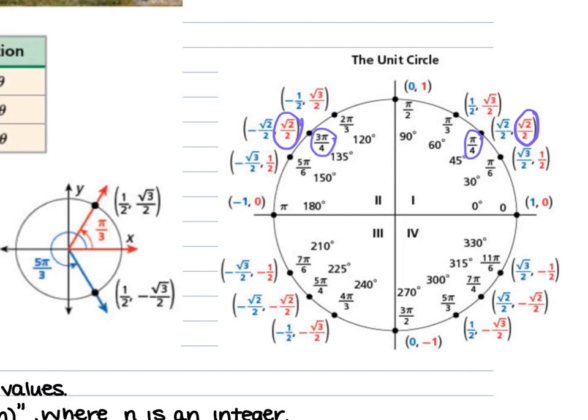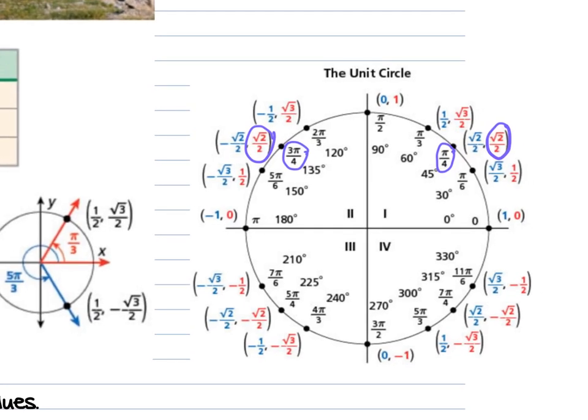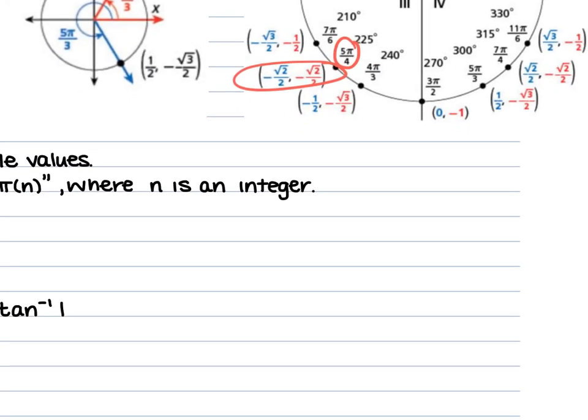Those are happening at the square root of 2 over 2, comma square root 2 over 2, as well as negative square root 2 over 2, negative square root 2 over 2. So we're looking at this pi over 4 and the 5 pi over 4 to find our answers.